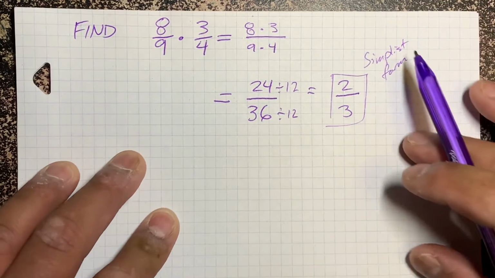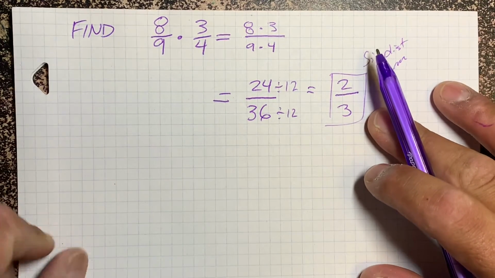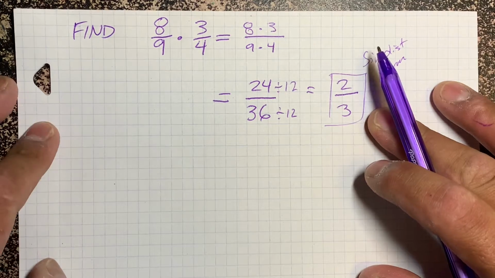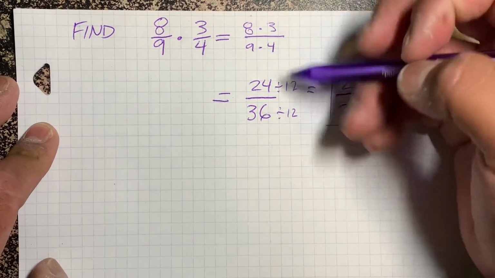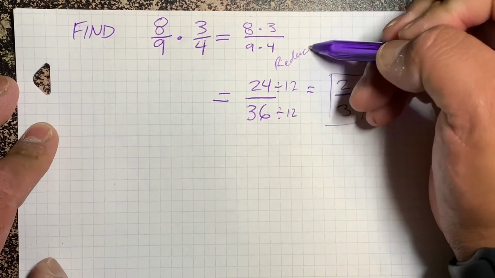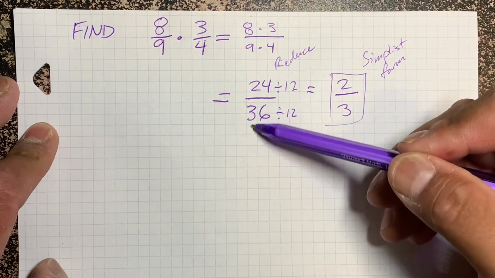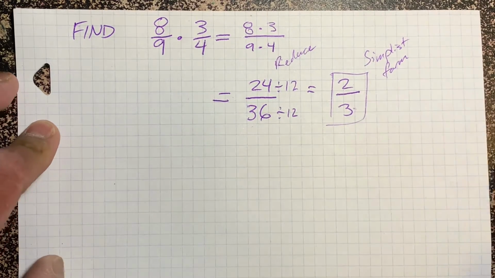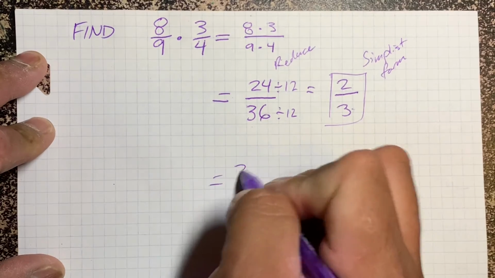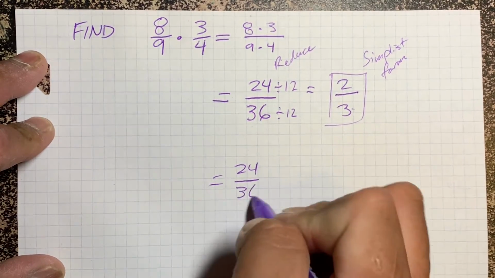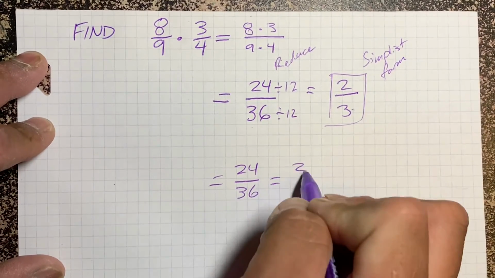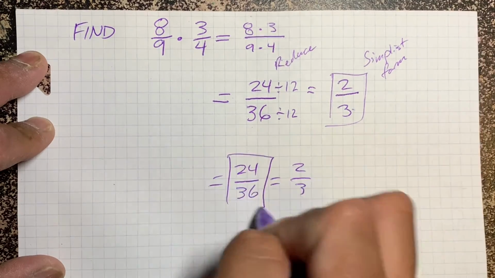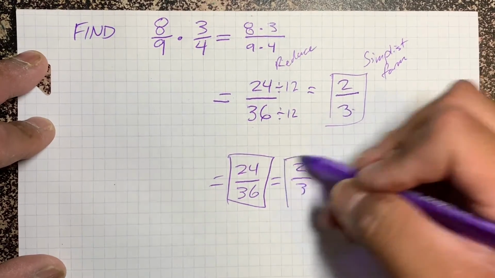So in case your directions tell you to multiply fractions and write it in simplest form, then you would reduce the fraction 24 over 36 to 2/3. These are what we would call equivalent fractions, and both these answers would be correct.